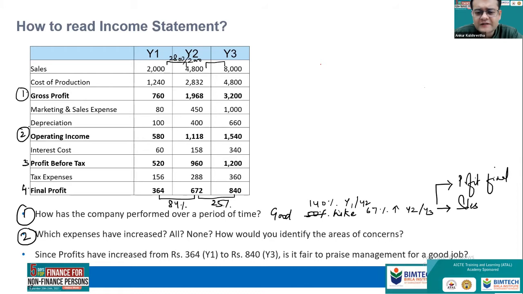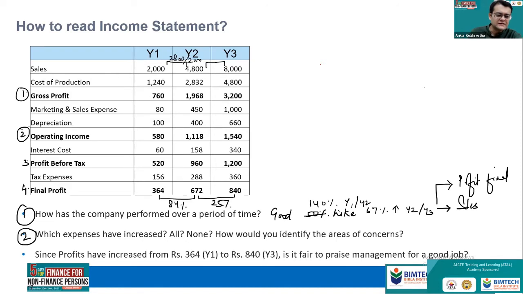Laksh, why do you say it's marketing and sales expense? I just feel the increase from year 1 to year 3 is so massive, and that is difficult to sustain over time, because to get more sales, they'll have to spend more on marketing and sales expense.